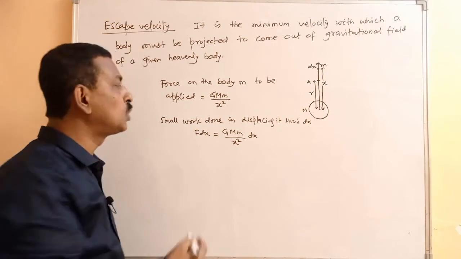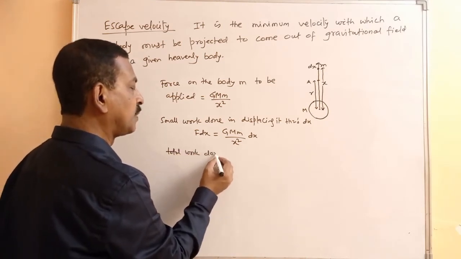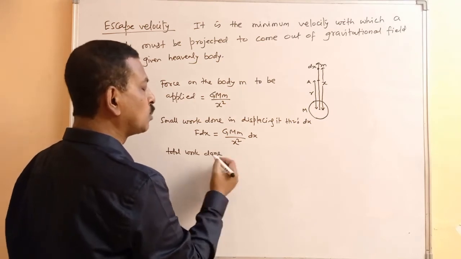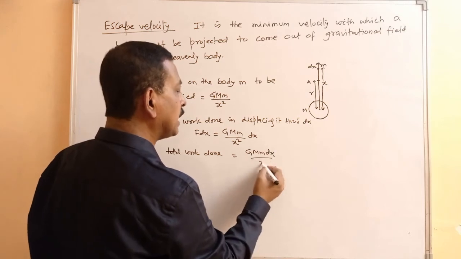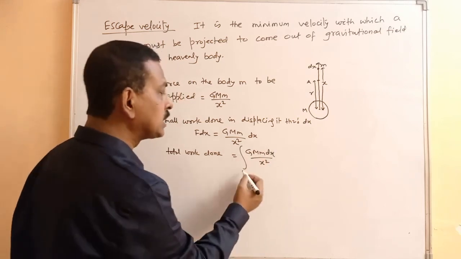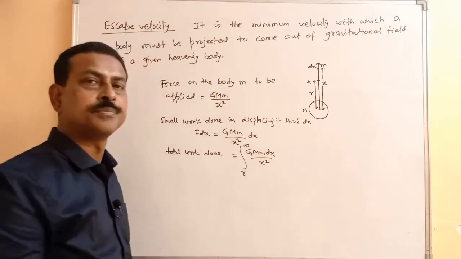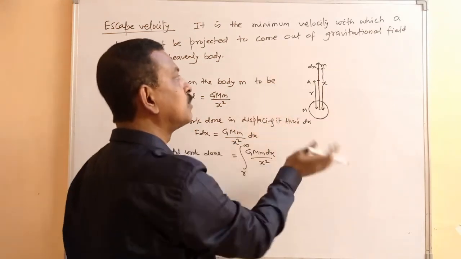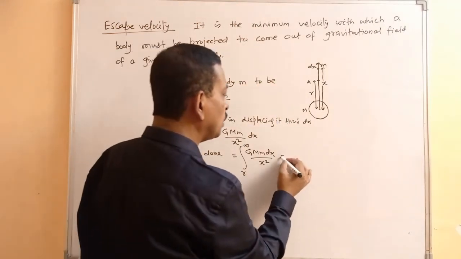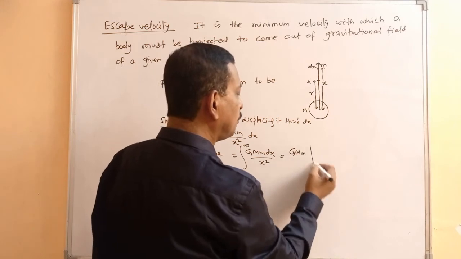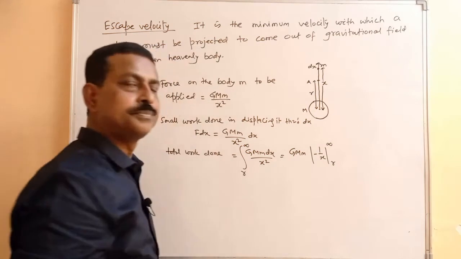If you want to find the total work done, this will be equal to GMm dx by x square, and we are displacing it from r to infinity. It was initially at a distance r and we want to throw it to infinity. So the total work done will be GMm times 1 by x, between the limits infinity and r.